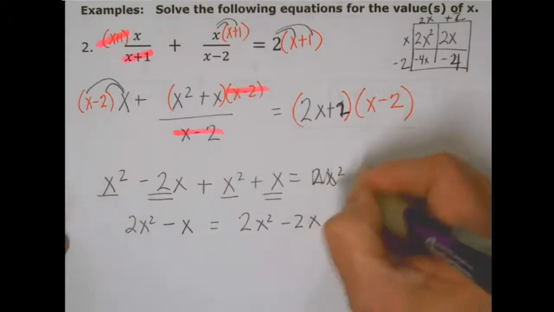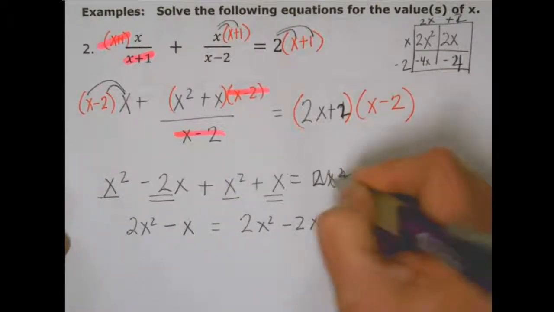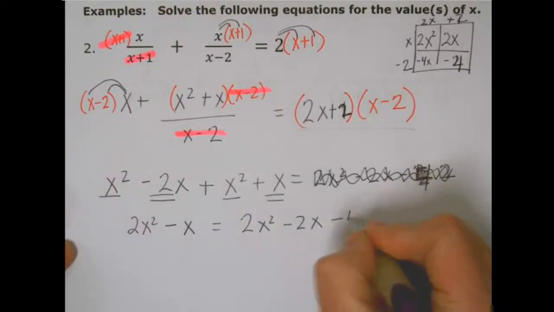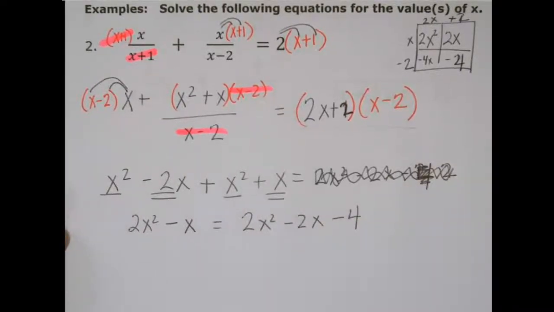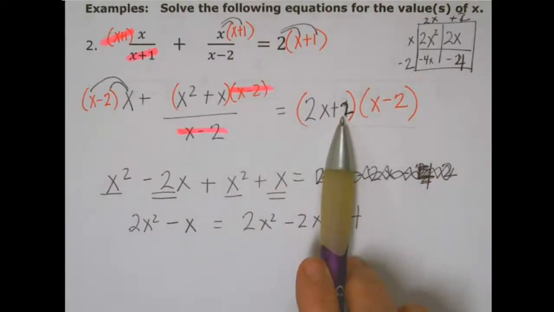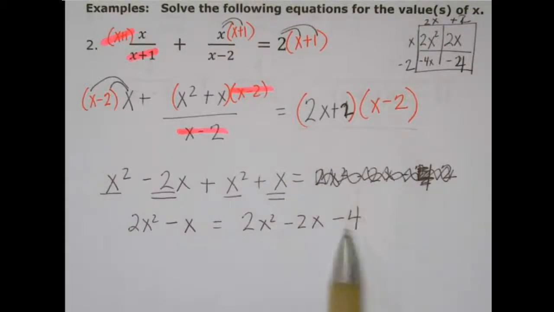So this was supposed to be minus 4. Okay, now I got that fixed. Thank you. When you distribute that, that would have made that a 2. When you FOILed that, that would have made that a 4.